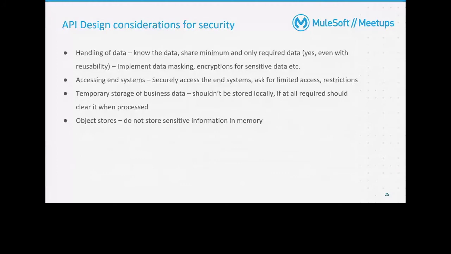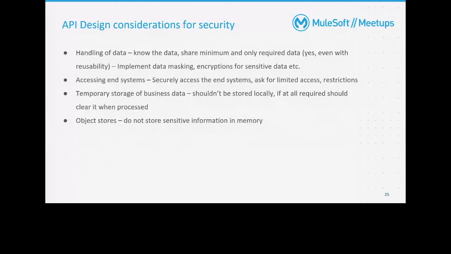The data should only be shared as much as required. And if it is sensitive data, it has to be masked or encrypted. Sometimes you can even tokenize this information, so it's not shared in raw format.